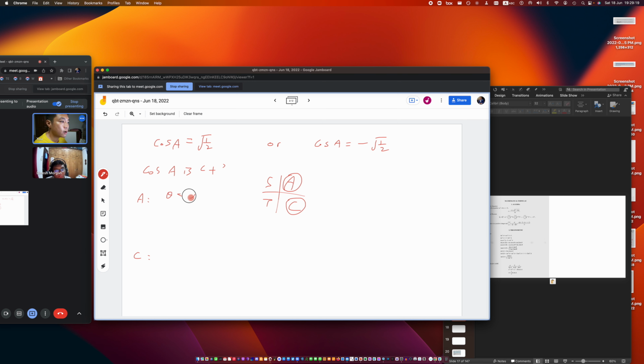Then of course for A, what's the formula? Theta is equal to alpha. Then for this, theta is equal to 360 degrees minus alpha. Okay, good. So now your job is to figure out what is the first theta that the calculator gives you. So the next step is for you to find out what A equals to cosine inverse square root half.